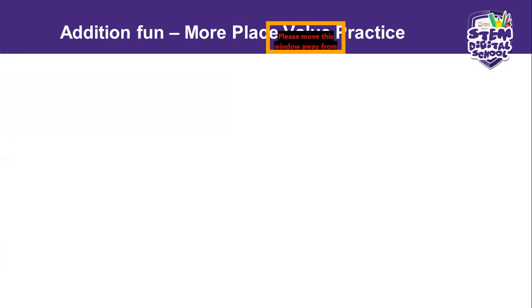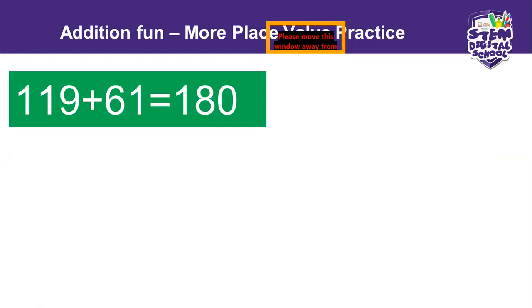Let's look at the next one. We've got 119 plus 61. We said it is equal to 180. So we are going to break down this number to show the place value.